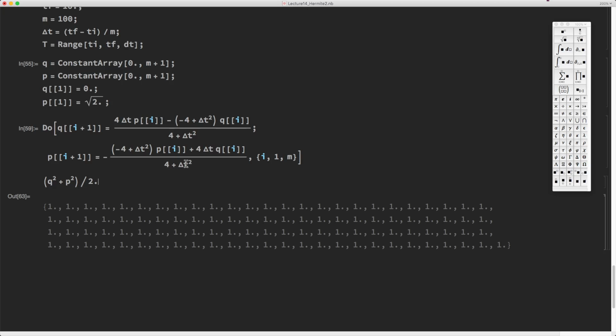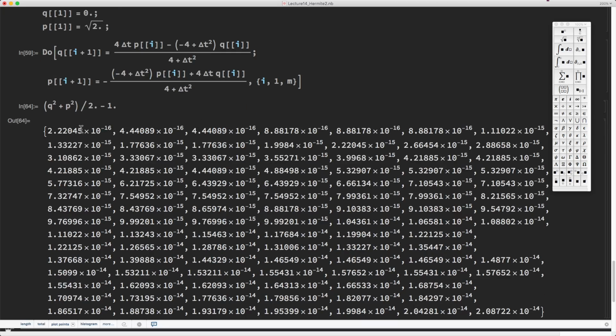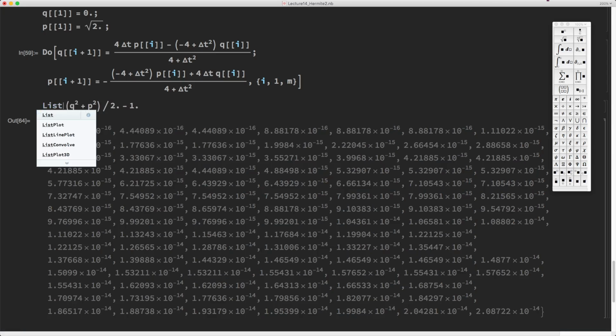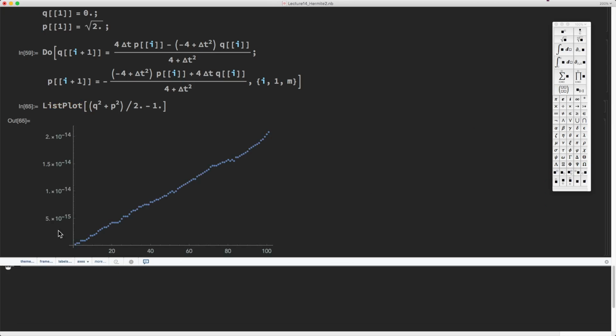So to see how close, let's subtract 1. Okay, so we see now that initially we have machine precision, and gradually we lose 1 or 2 digits of accuracy, and we can see that better by doing list plot. And we see that we have essentially what looks like round-off error.